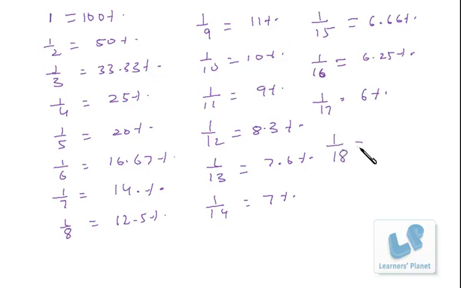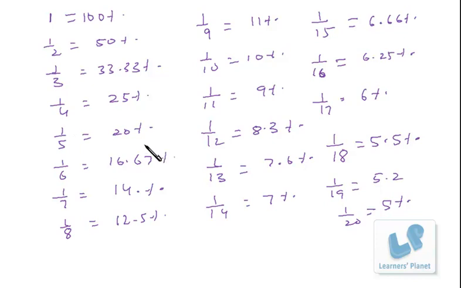Similarly, 1 by 18 is half of 1 by 9, so around 5.5%. Then 1 by 19 will be around 5.2%, and 1 by 20 will be half of 1 by 10, that is 5%. So this much you should be aware of, and it should be on your tips.